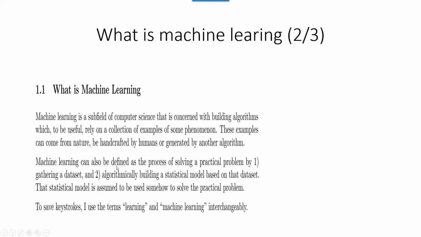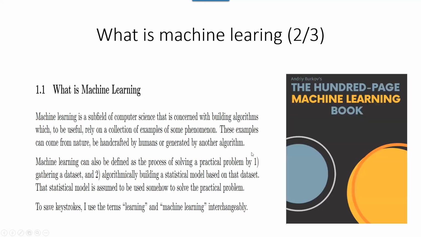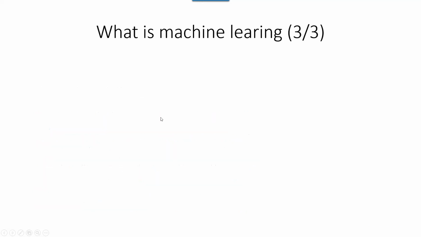Machine learning can also be defined as the process of solving practical problems by, one, gathering a data set, and two, algorithmically building a statistical model based on that data set. That statistical model is assumed to be used somehow to solve the practical problem. I took this definition from this popular book.